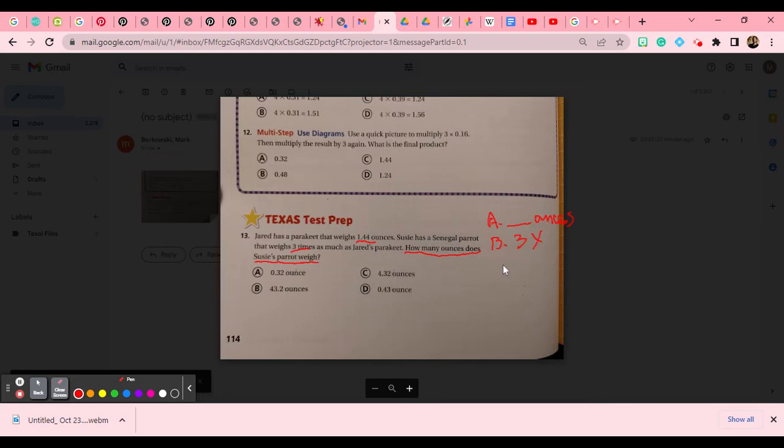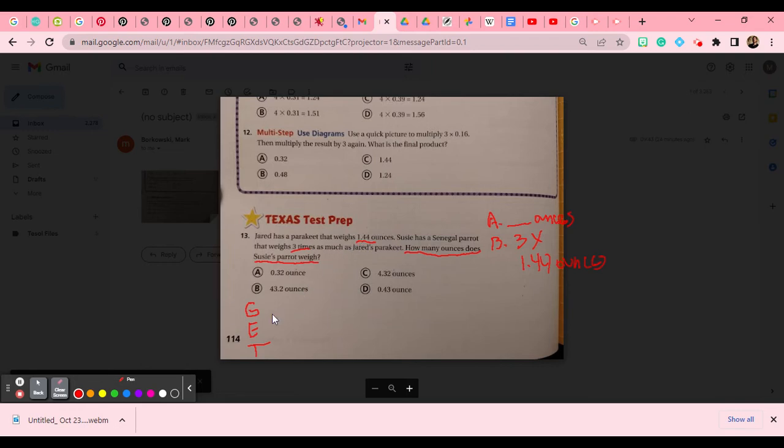And we also know that Jared's parakeet weighs 1.44 ounces. We could probably use the get here. It doesn't necessarily exactly fit the get mold, but we have a parakeet that weighs 1.44 ounces.